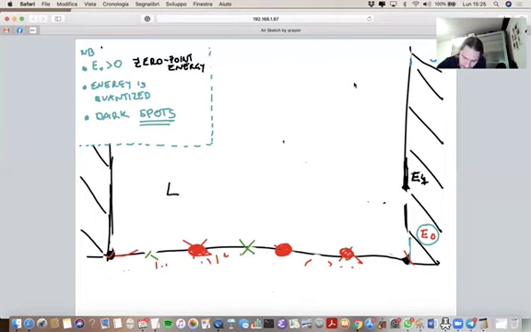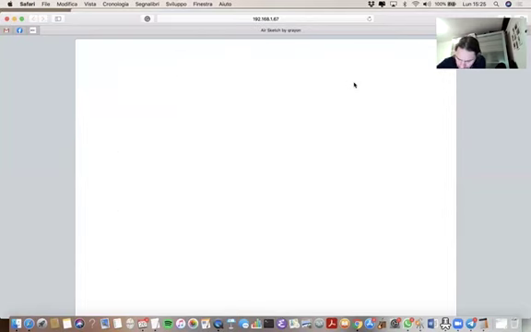Remember, the energy of the ground state was supposed to be h bar square. Sorry. Oh, shoot. That's wrong.